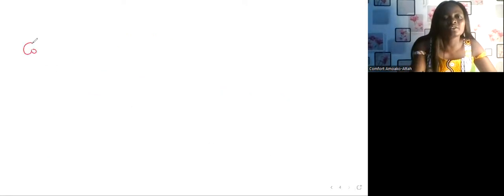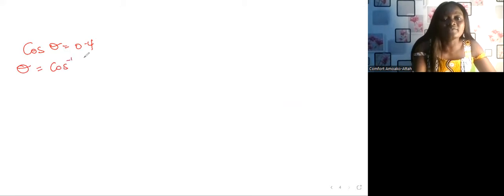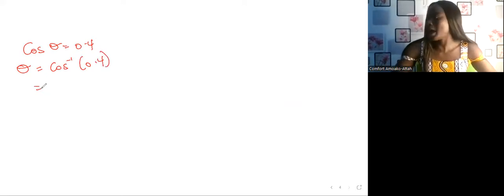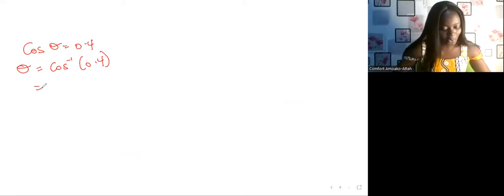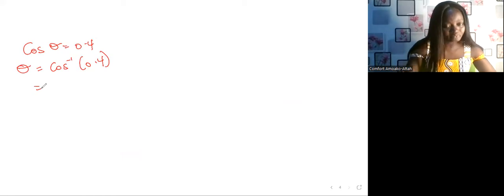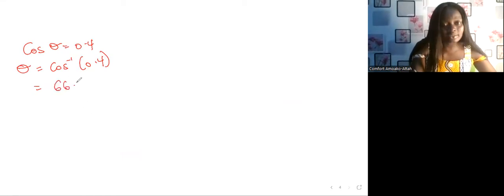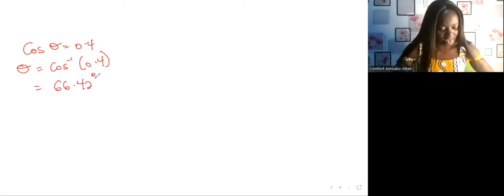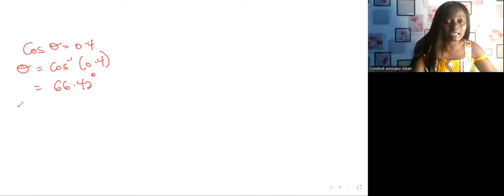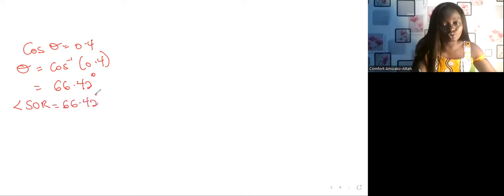All right. So since we have cos theta is equal to 0.4, we just write theta equal to the cos inverse of 0.4. Now I believe you remember how we punch this in: shift cos, then 0.4. And I am getting 66.42 degrees. It means that angle SOR is giving us 66.42 degrees.